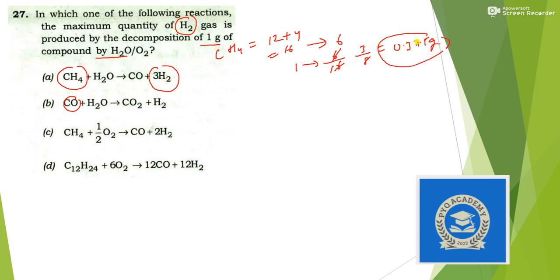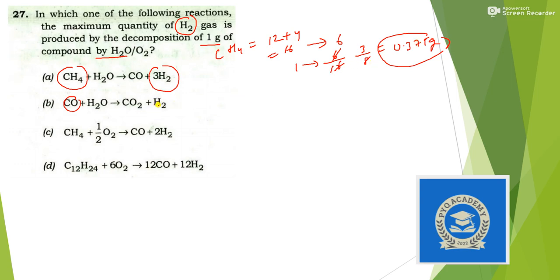CH4 is nothing but 12 plus 4, 16. So 16 grams of CH4 is needed to produce 3 times 2, 6 grams. So for 1 gram, it is 6 by 16, which is nothing but 0.375. So 0.375 gram of hydrogen is produced.